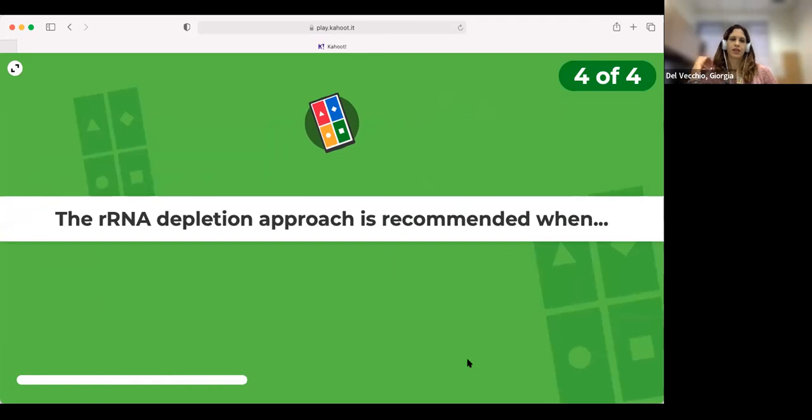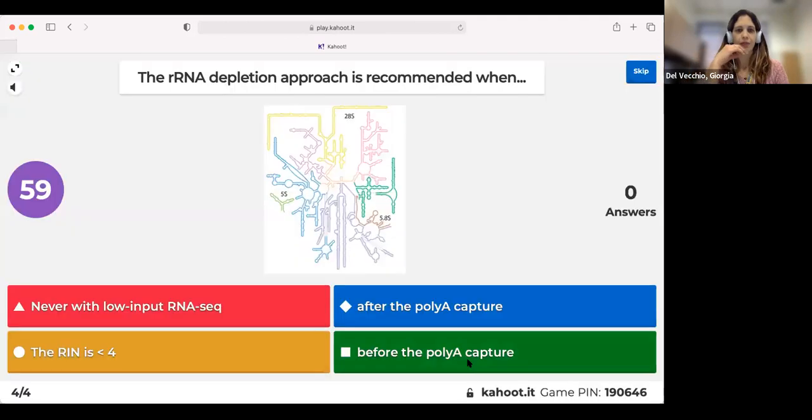Last question. The ribosomal RNA depletion approach is recommended when? We just discussed this.